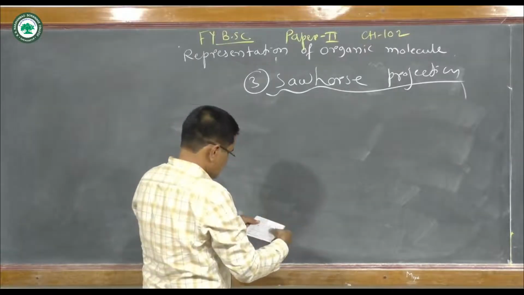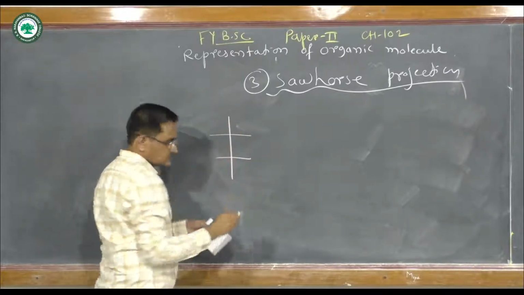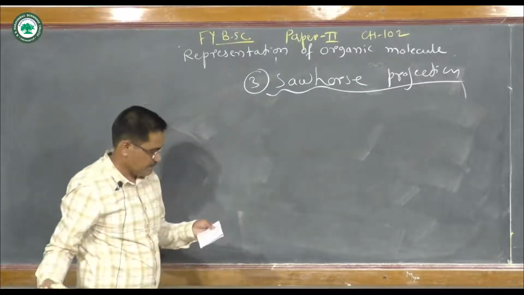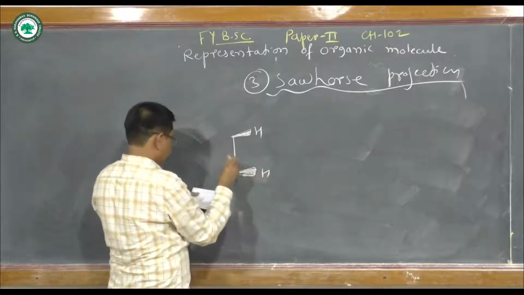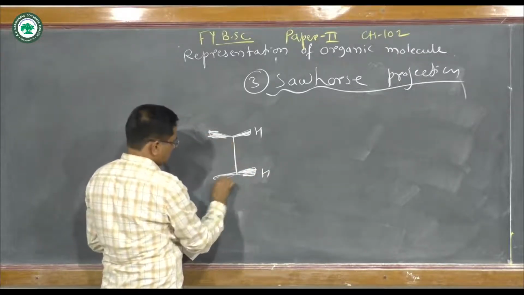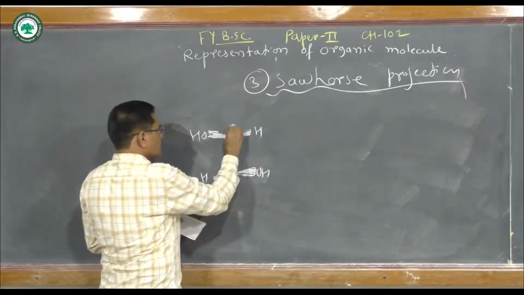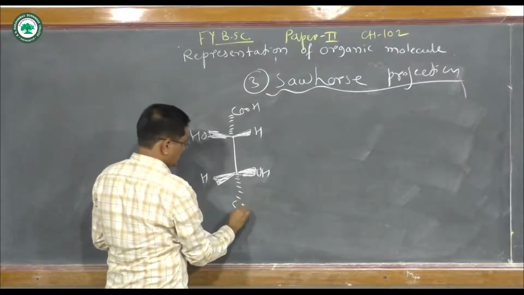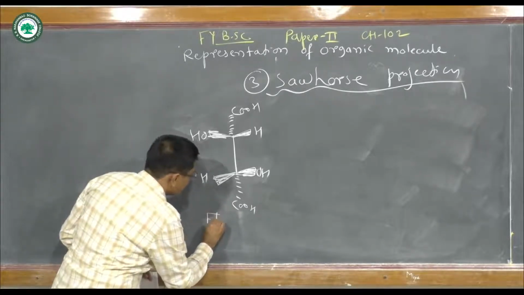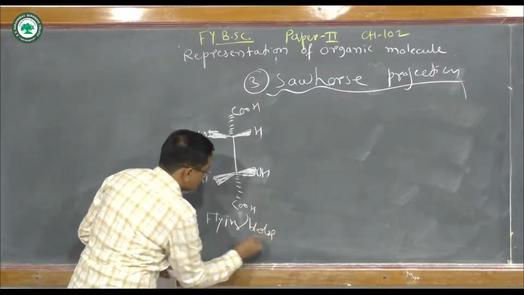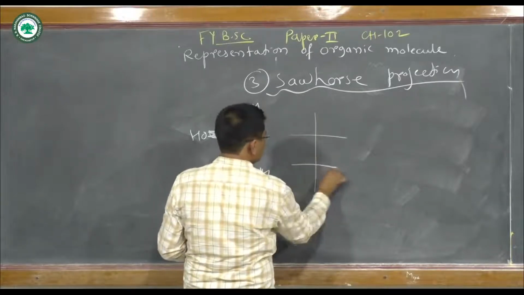Going step by step, this representation is the flying wedge formula, and this can be converted into the Fischer projection.